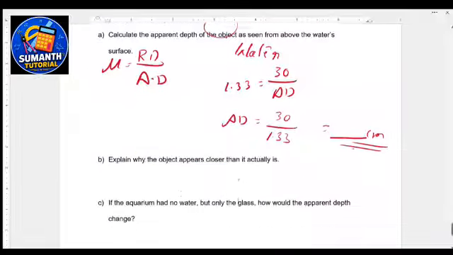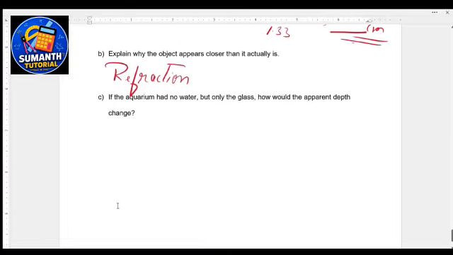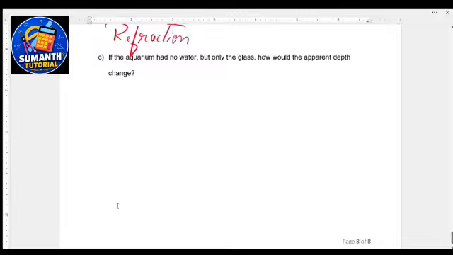Done. Now the second question. Explain why the object appears closer than it is because of refraction. You must explain the concept based on refraction. Now, if the aquarium had no water but only glass, it is completely glass made, then how does the apparent depth change? Here also please use the same formula.